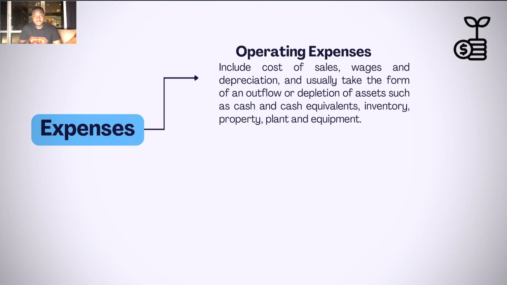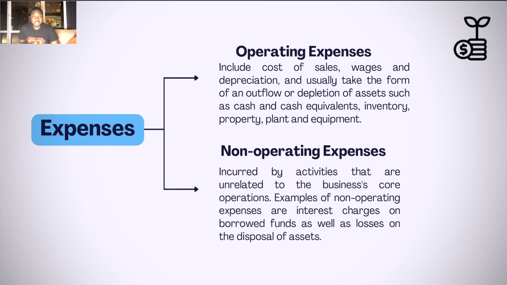The definition of expenses encompasses losses as well as expenses that arise in the course of ordinary activities of a company. These include expenses like cost of sales, wages and depreciation, and usually take the form of an outflow or depletion of assets such as cash and cash equivalents, inventory, as well as property, plant, and equipment. Non-operating expenses are expenses that are incurred by activities that are unrelated to the business's core operations.